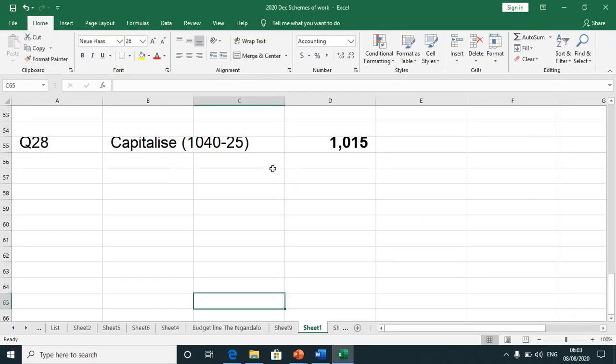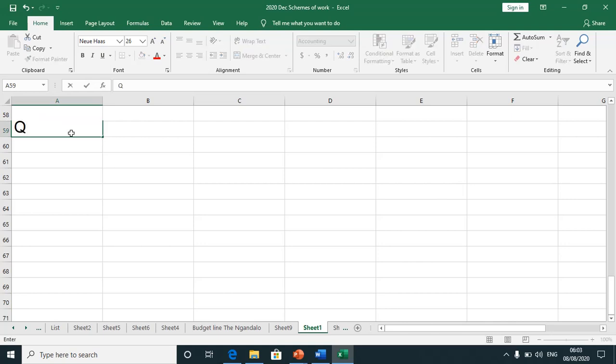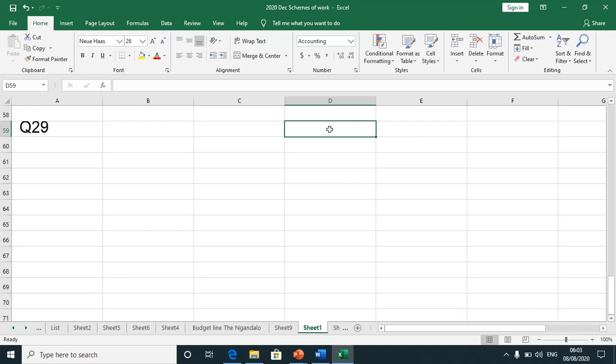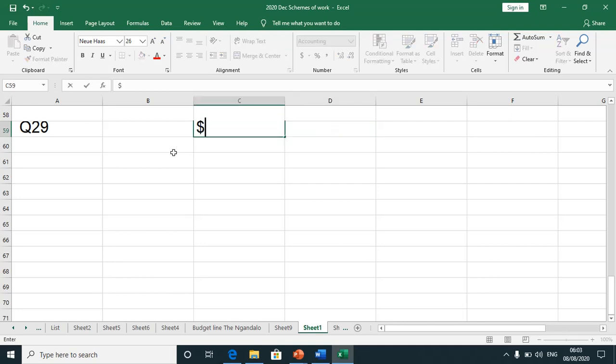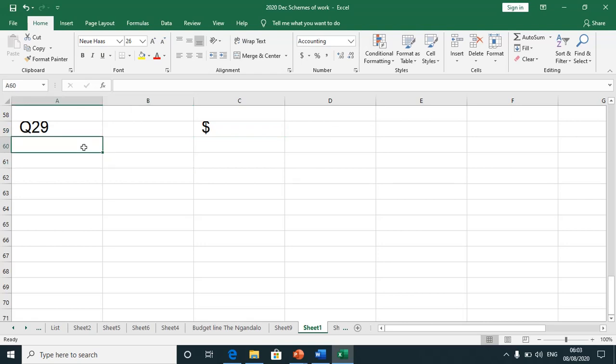So let me just show you something. This was question 29. Brought forward overdrawn, or brought forward overdraft. That's what we call it, overdraft.